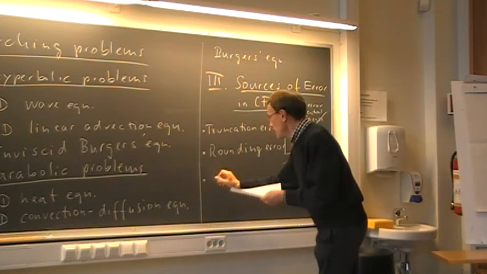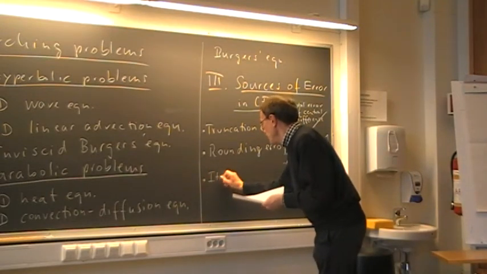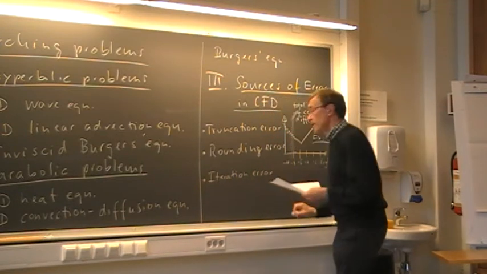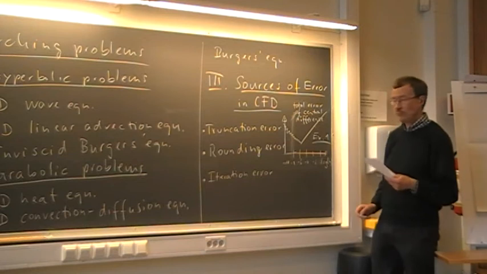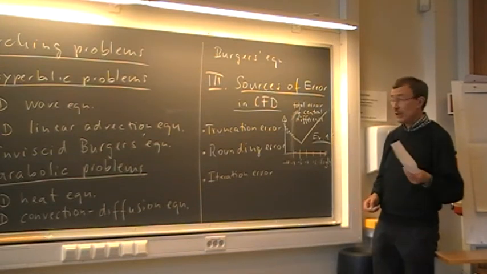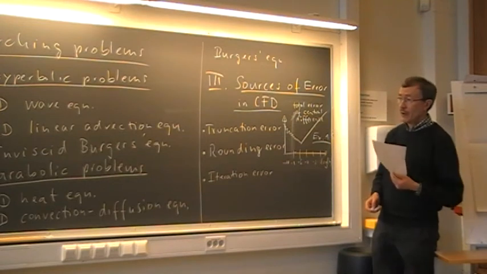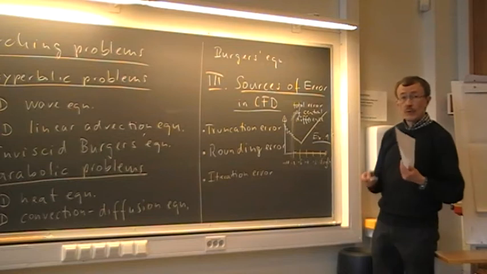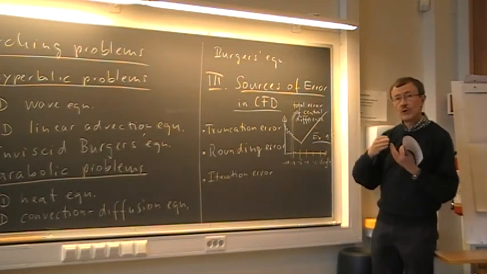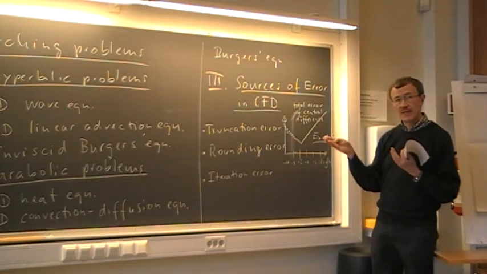Another source of error is the iteration error. When we solve a linear equation, for example, a system of equations Ax equals b, that we need, for example, for solving the Poisson equation, then we can do that iteratively. But then, when we iterate, we do not solve this linear system accurately.